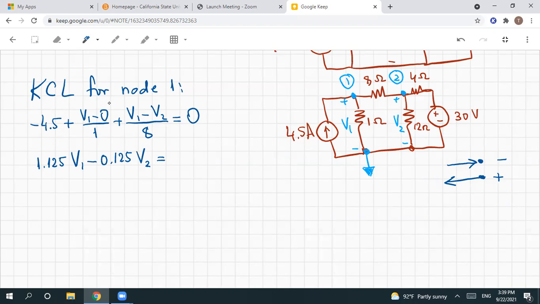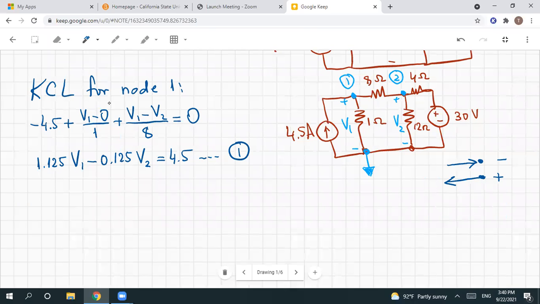And if you take the negative 4.5 to the other side of the equation, it will be positive 4.5. And this will be our first equation: 1.125 V1 minus 0.125 V2 is equal to 4.5.